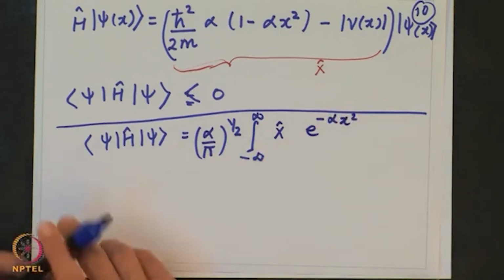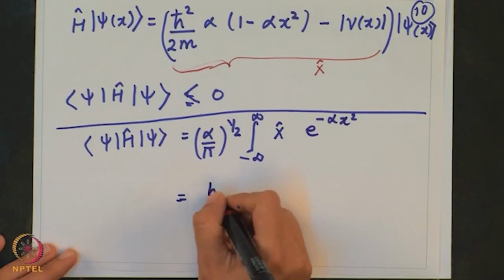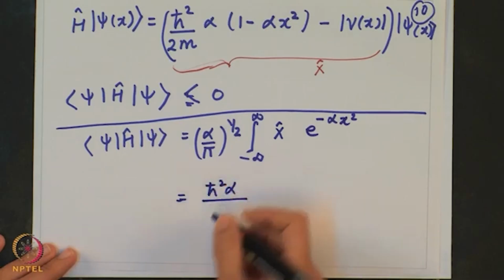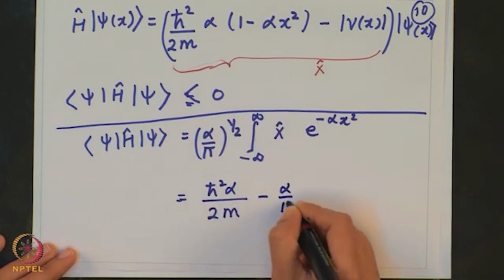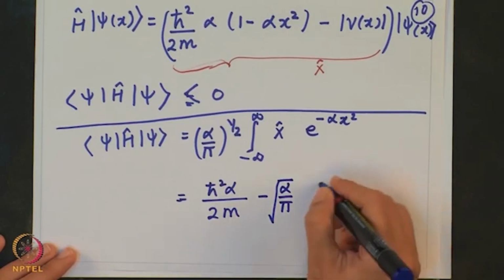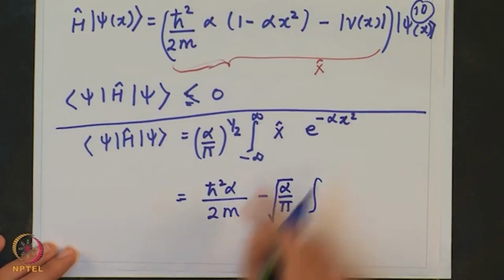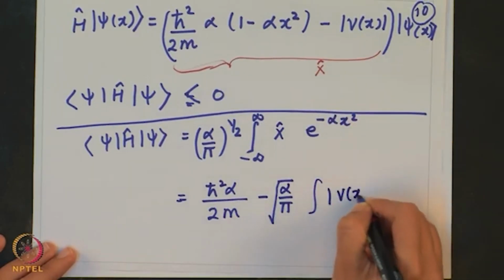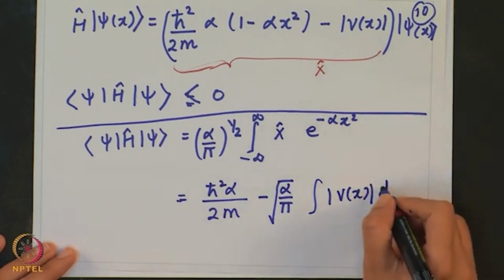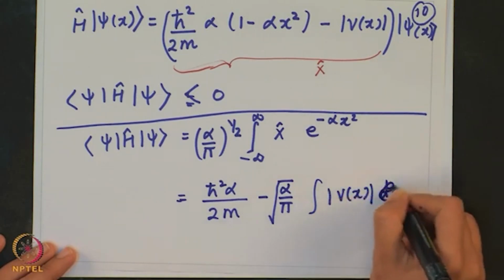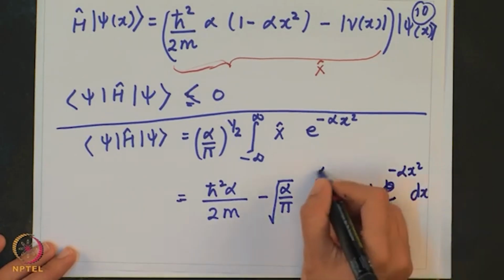Once you perform the integration, what you obtain is this expression upon 2m, 2m we have picked up from there, alpha upon pi. And so you will have two parts in this integral. For the first part I have written the final solution, the second part is nothing but your potential part. You have the integral of exponential minus alpha x square dx, from minus infinity to infinity.